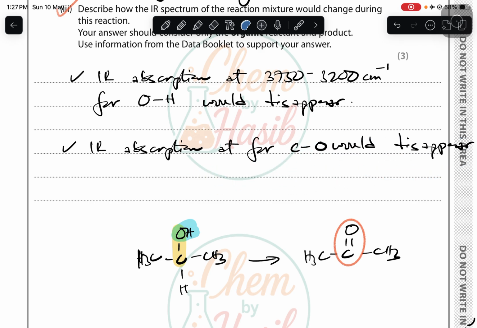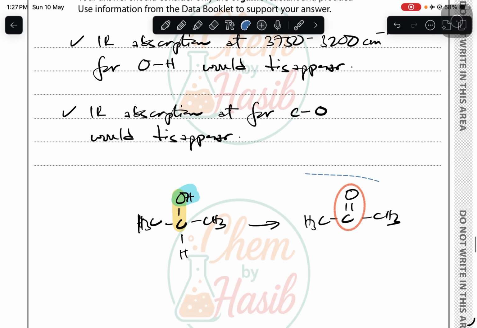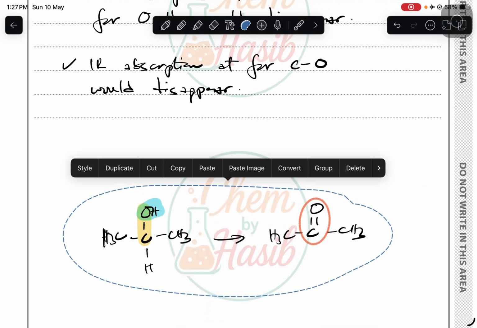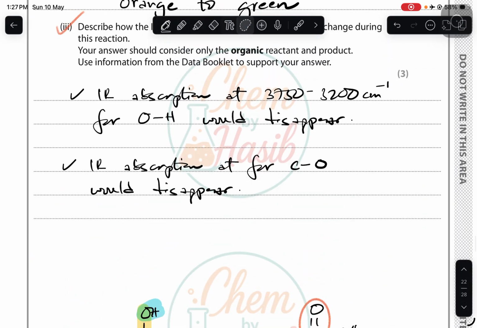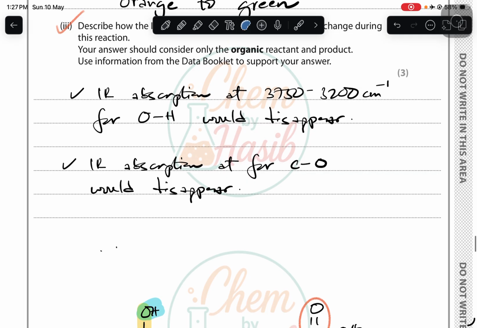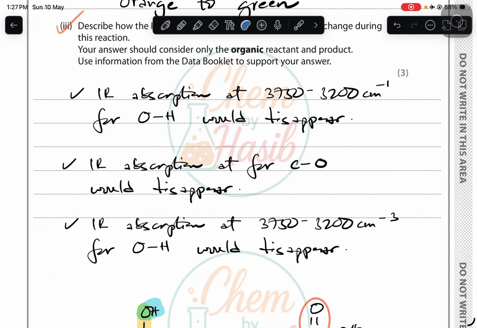Okay. And then you have to talk about the appearance of the C double bond O. So we write infrared absorption at, for C double bond O, since it's a ketone. According to the data booklet, it is 1720 to 1700.